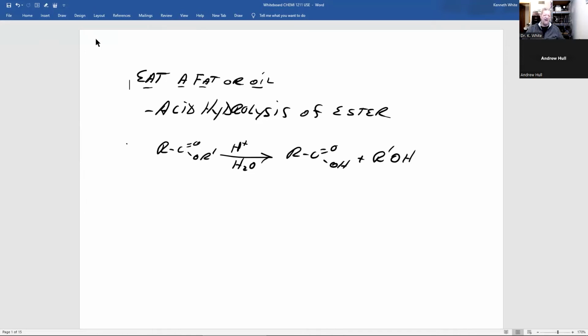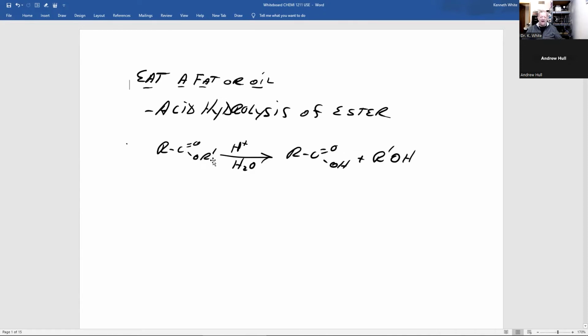And you get back the alcohol. So when you eat a fat or oil, you should know, leaving my class, how do you describe with words and a general reaction what happens when you eat a fat or oil? That's acid hydrolysis of an ester. You should also know how to draw that.